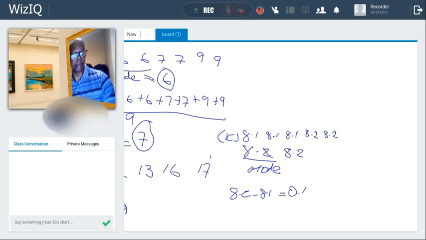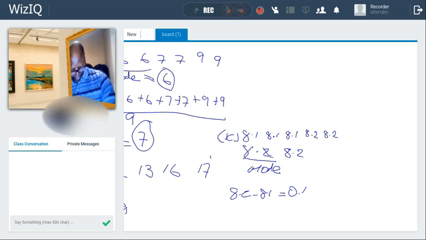So for number 2, the median for A is 3. For B it is 4.5. Did you reorganize the data? Yes. 1, 2, 3, 4, 5, 6, 7, 8, 9, 10.